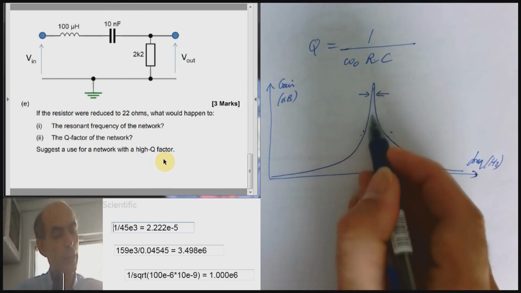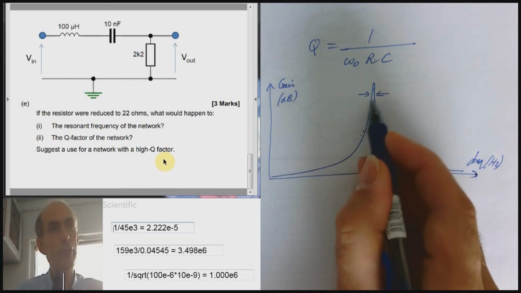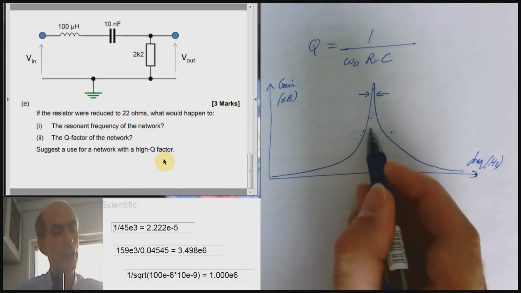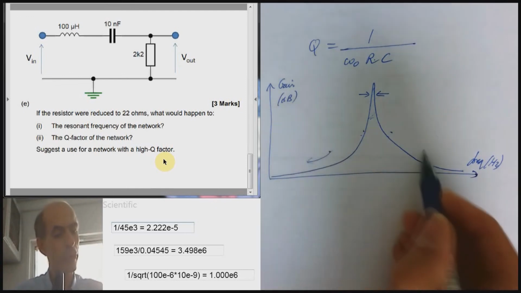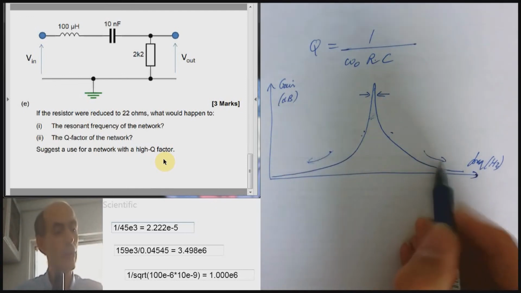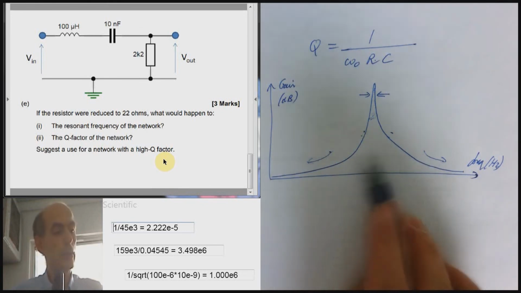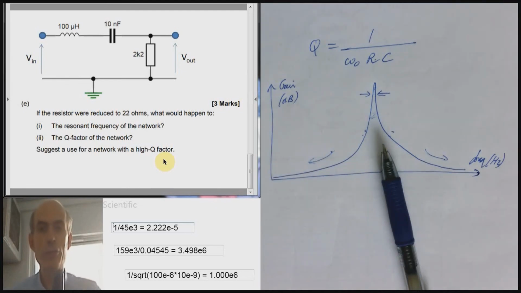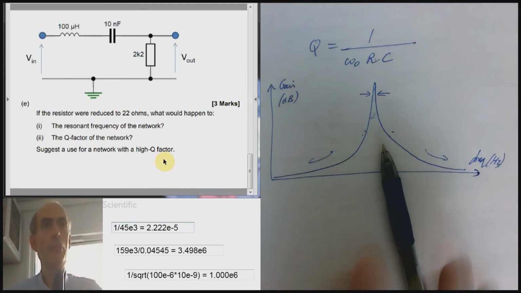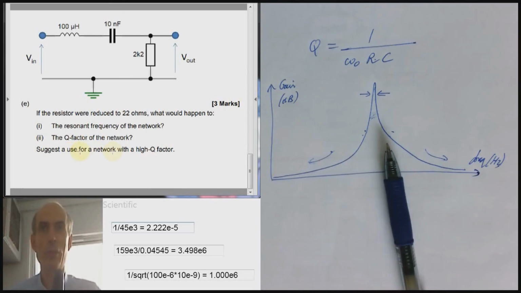In other words, it isolates a certain very narrow band of frequencies. Anything below those frequencies is attenuated, anything above those frequencies is attenuated. Classic application of this type of circuit would be a radio receiver where you're trying to isolate just one radio station to listen to. But just about anything sensible got the mark there.